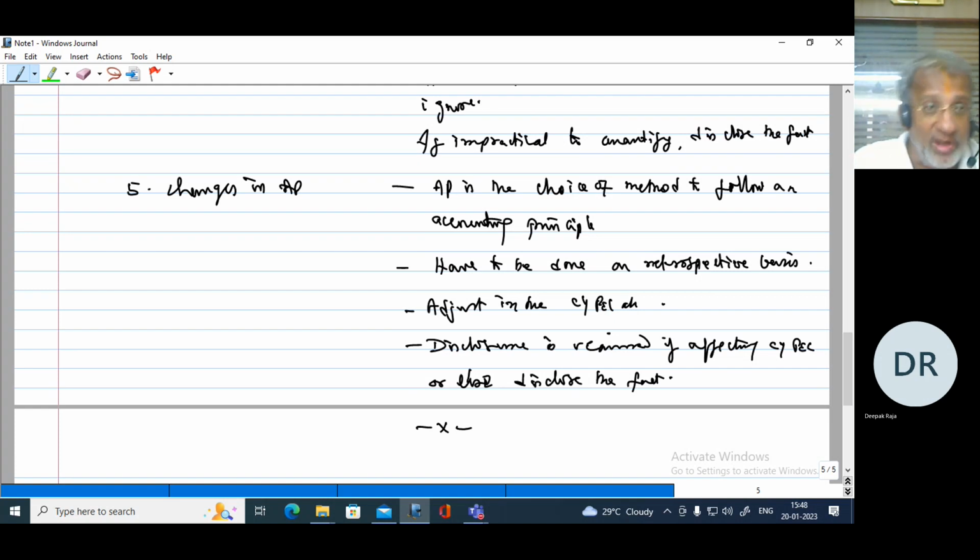Extraordinary, because of the extraordinary nature, it is to be disclosed. Prior period item normally to be disclosed. Changes in accounting estimate only when it is material, it should be disclosed, otherwise not required. Changes in accounting policy, yes, it should be disclosed. So these are the matters for those 5 items in AS5.